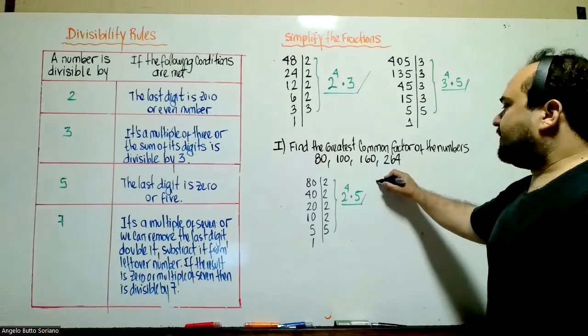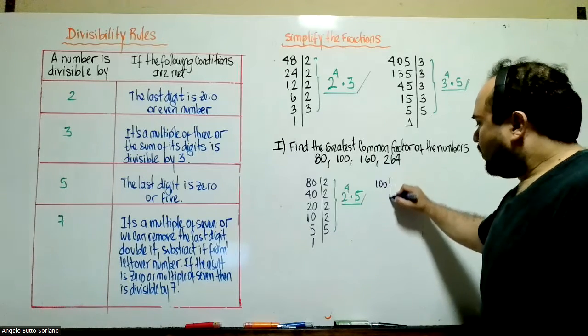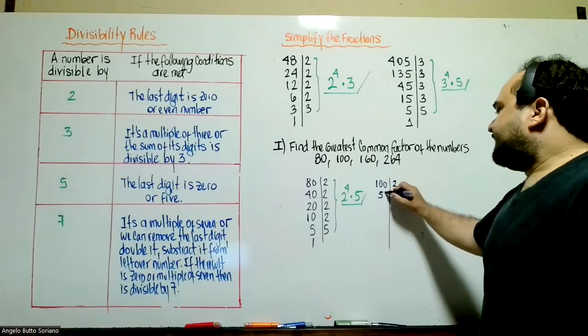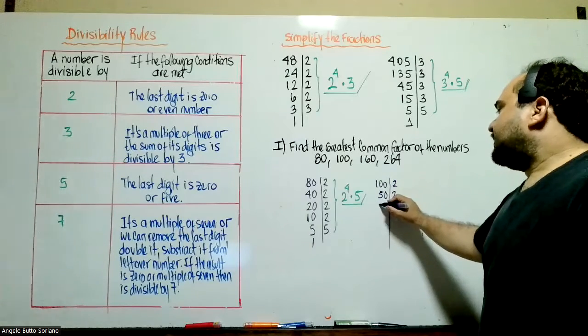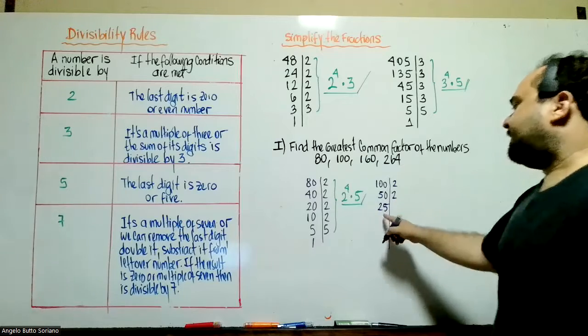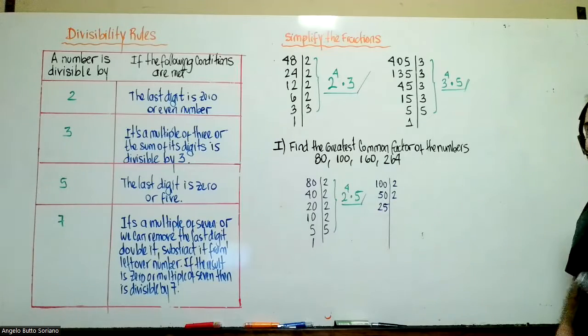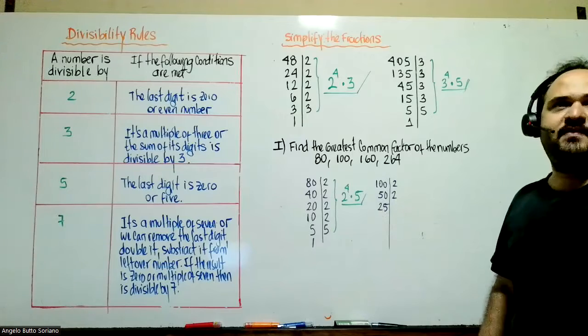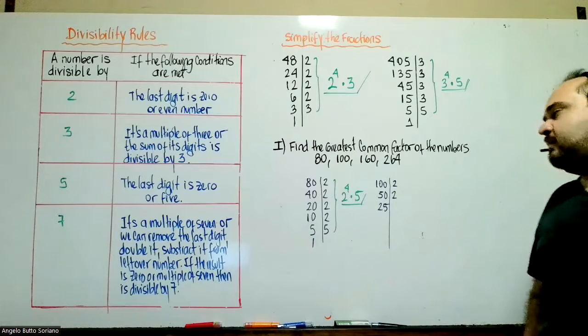Now, the number 100. Let's continue. Half of 100 is 50. Half of 50 is 25. And 25 can be divided by 5, but not by 3, because if you add 2 plus 5 it is 7, and 7 is not a multiple of 3.